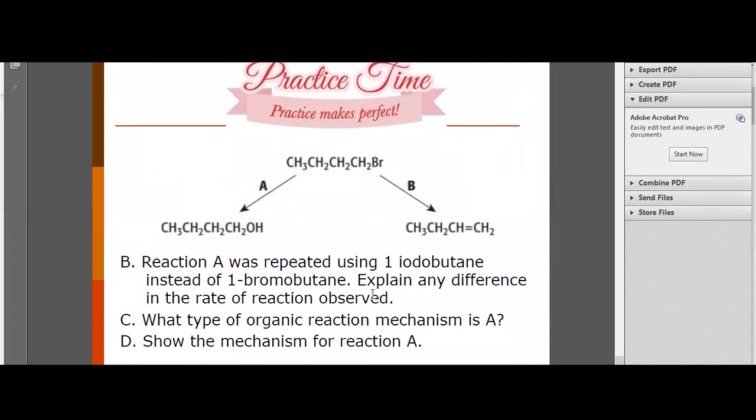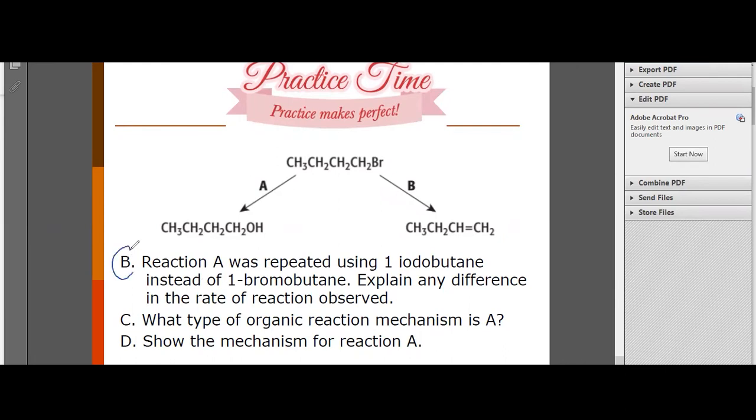Okay, reaction A was repeated using 1-iodobutane. Please try to answer this. Okay, let's check your answer.